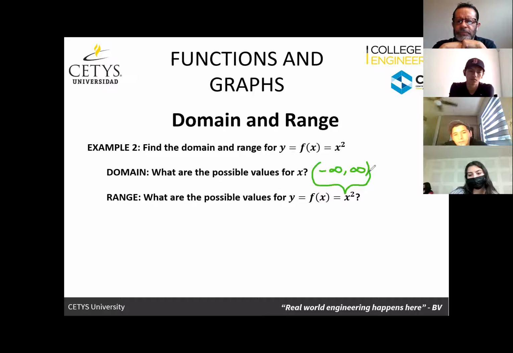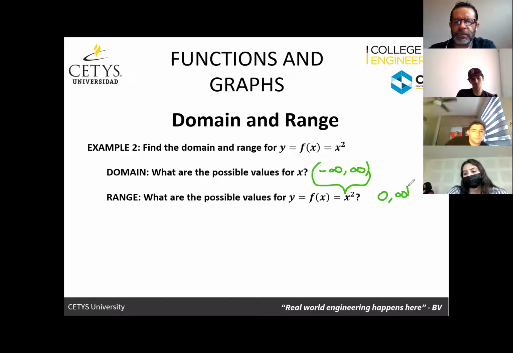Is it more of the domain? Nope. All the positive numbers? That's correct, Daniel. Why? Because every negative squared will be positive because of the sign rules, and every positive squared stays positive.